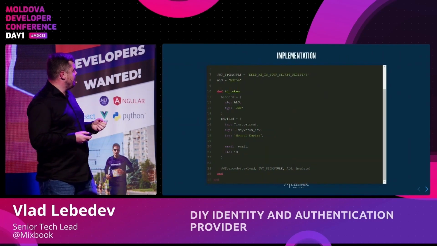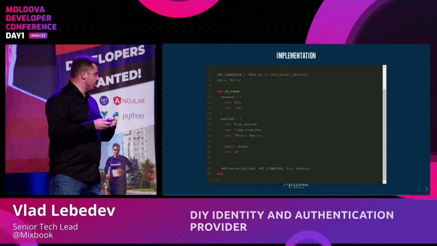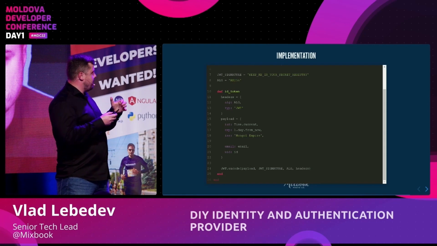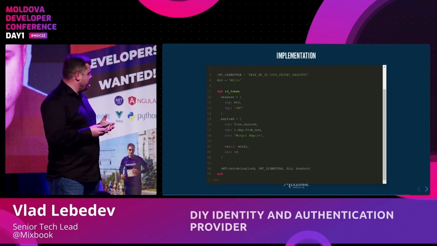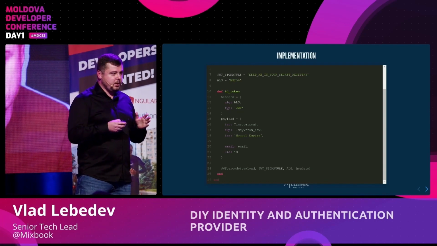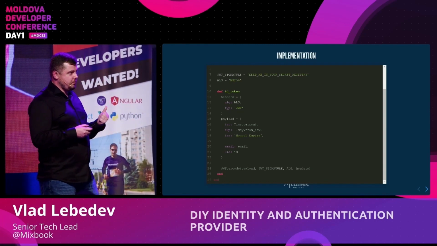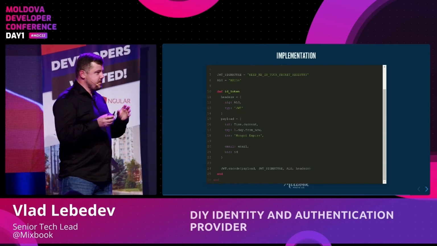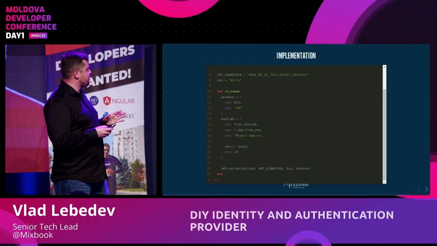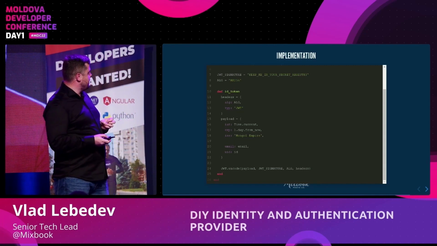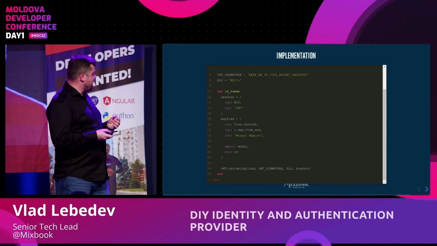Again, a very simple, primitive implementation of an ID token is just a JWT where you have a headers section, a payload section, and you have to sign it with a secret signature, which is only known to the identity provider. It can be an SHA-256 signature that you store securely in your secret registry, and you just respond with this JSON Web Token.